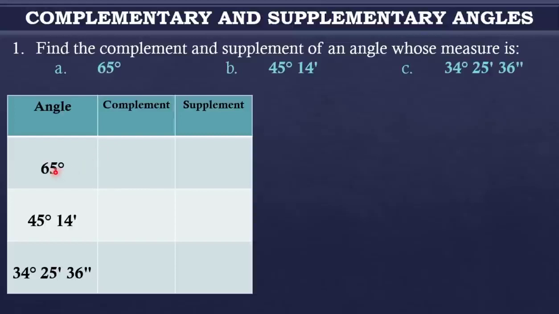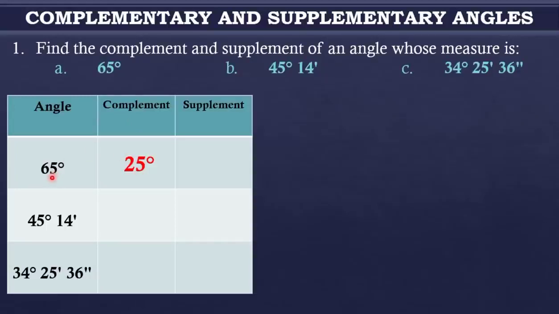I have here 65 degrees. It is easy to get the complement and supplement of this, because we just subtract it from 90 and from 180. Therefore the complement of this angle is 90 minus 65, which is 25 degrees.